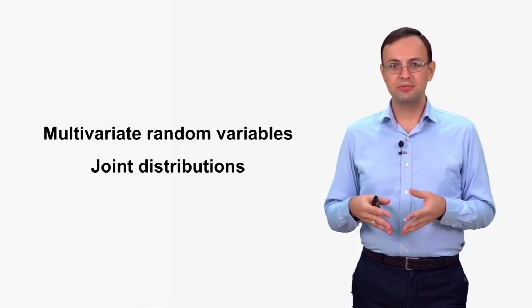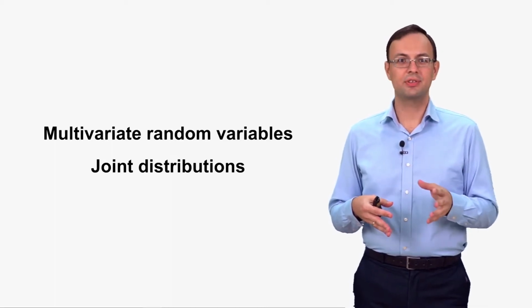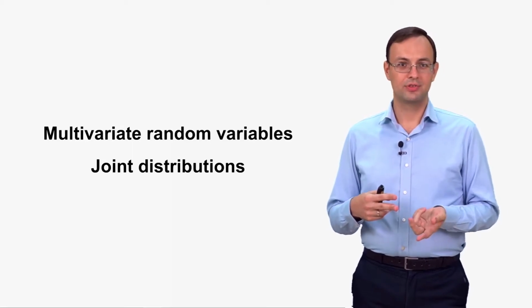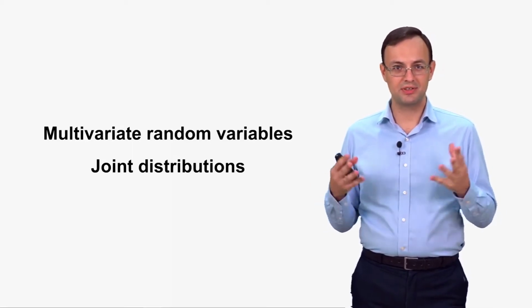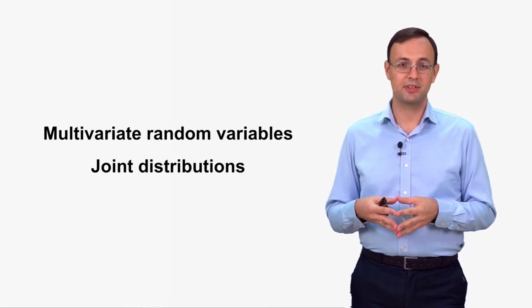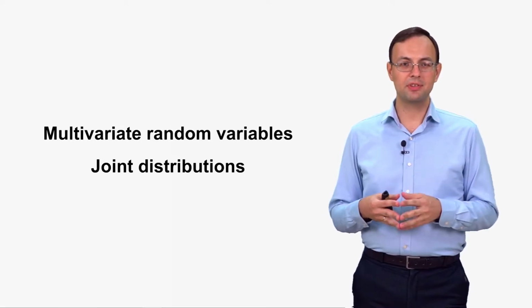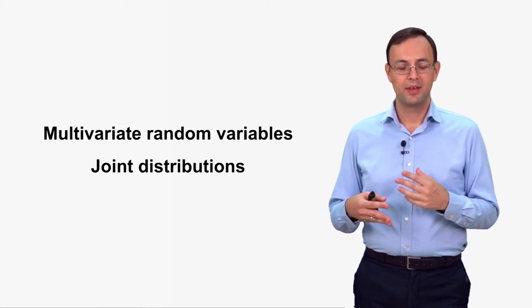So I'm interested not only in the weight of the person I have chosen, but in their weight and height. So I observe a pair of numbers each time the experiment is repeated. I can say that this pair of numbers are two random variables.